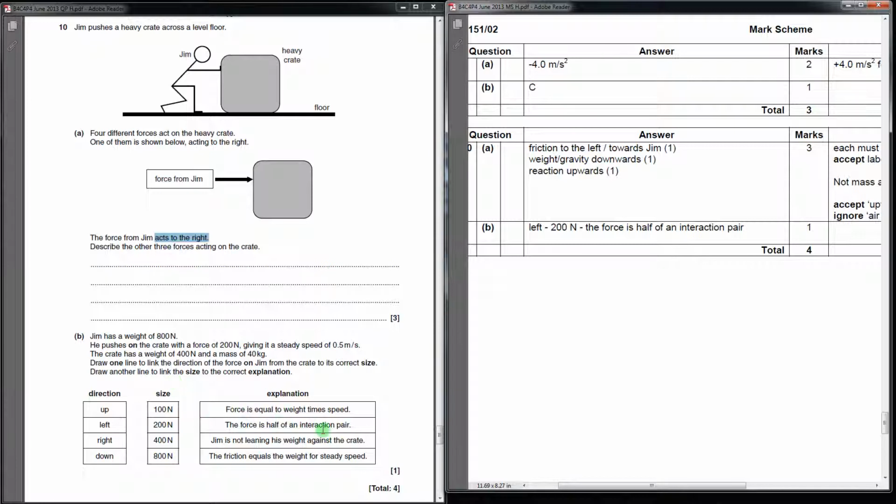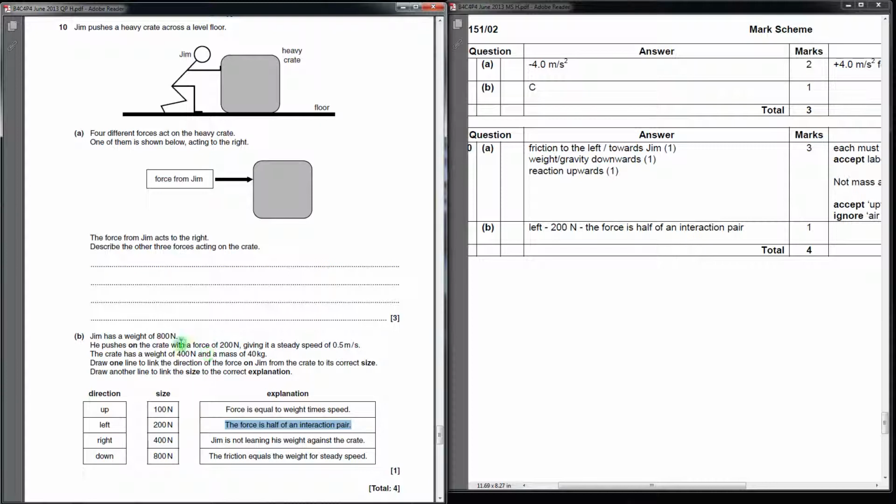So that kind of highlights the fact that the explanation really has to be something to do with the interaction force pairs. So the force on Jim from the crate is the one we're looking for. Interaction force pairs, the forces are equal in size and opposite in direction.